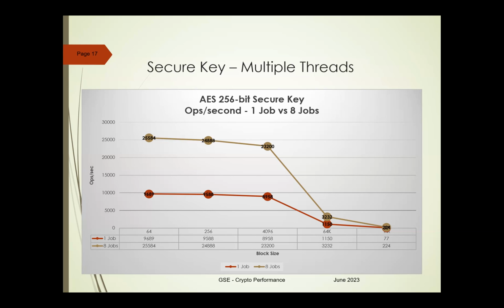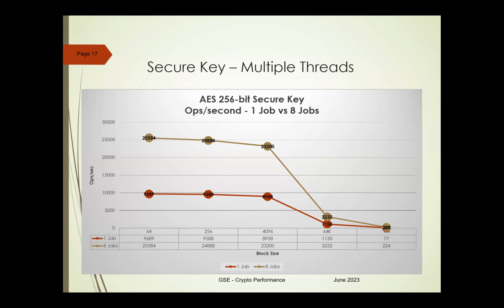That batch job that was encrypting lots of backup data, they just split into multiple jobs and started running up to 8 jobs at a time, and they got back to an acceptable performance. So the point is the Crypto Express cards are multi-threaded, and you want to take advantage of that if you can.